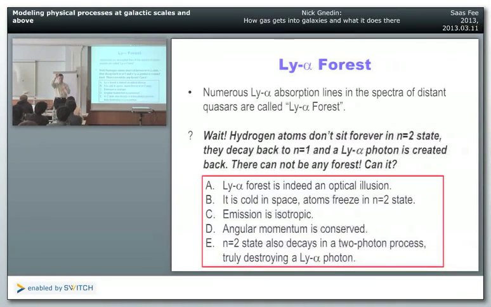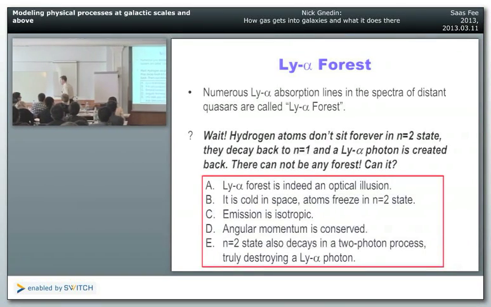So when the atom goes back, you get the photon back, exactly the same photon. Right? So you cannot actually absorb Lyman alpha radiation. Because you can excite the atom temporarily, but then it comes back and you get the photon back. So why do you have absorption?